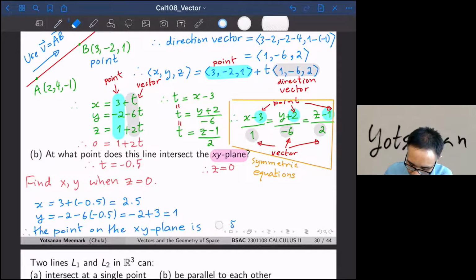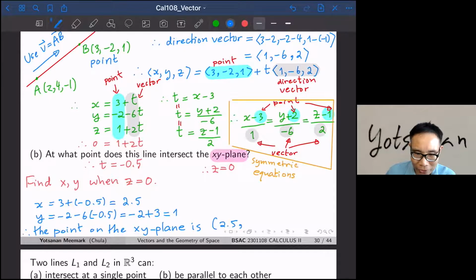It can be parentheses or angle brackets, it doesn't matter. I'm not going to deduct points for using the wrong parentheses. I don't really care. Just have your x, y, and z correct. That matters. So that will be the point on the xy plane where this line intersects.